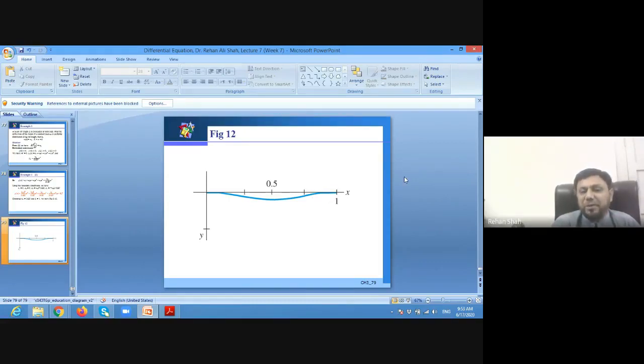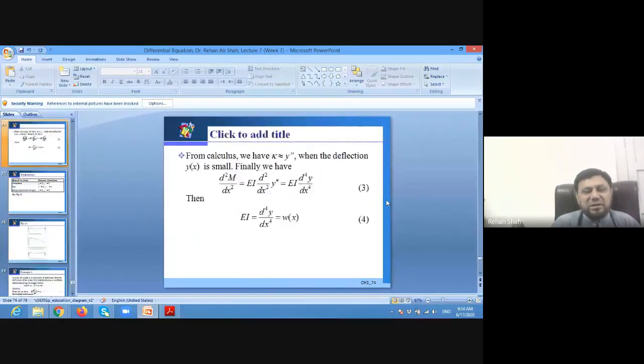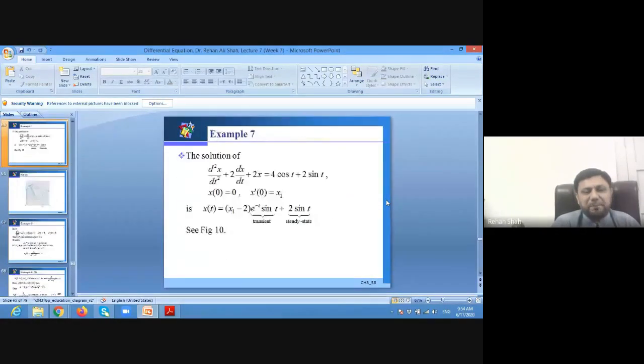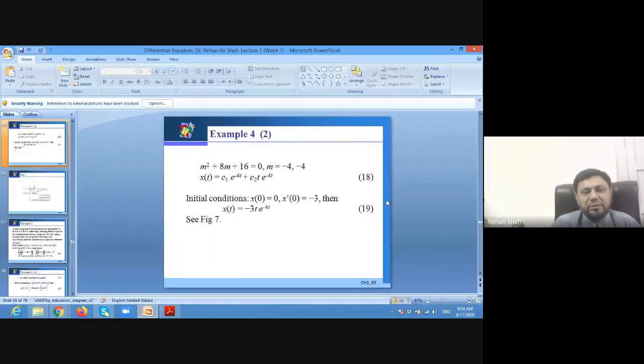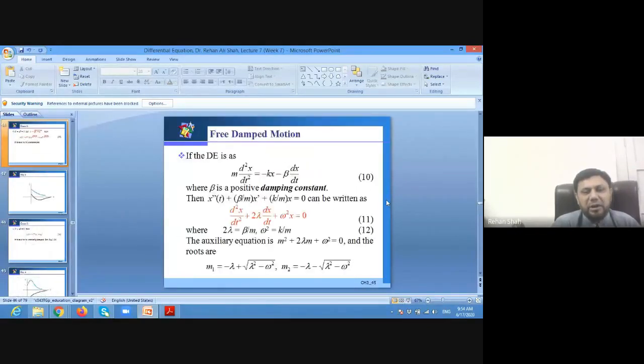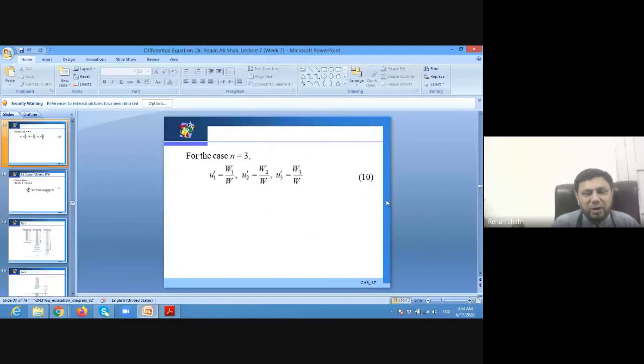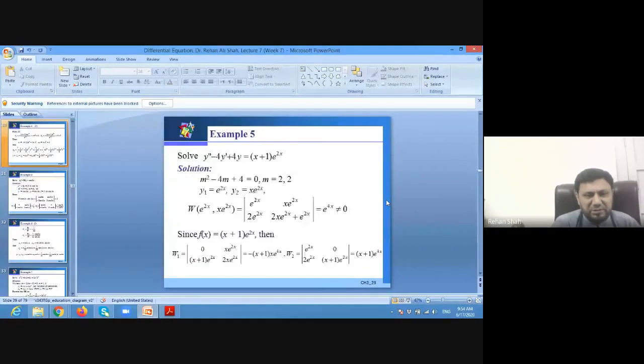If L is 4, L means 4 meter, 4 centimeter, 4 kilometer. As you increase the length, the bending will also increase if you graph it. So this is your class work, and I will put your homework also related to this method.